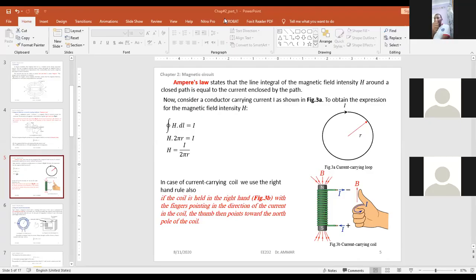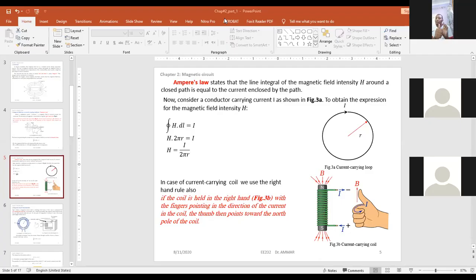Before, we said that when you have a stick, the current passes through this stick. But in this case, the current passes through those turns. So if your fingers determine the direction of the current, your thumb will point in the direction of the magnetic field.